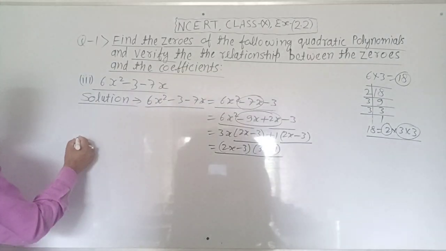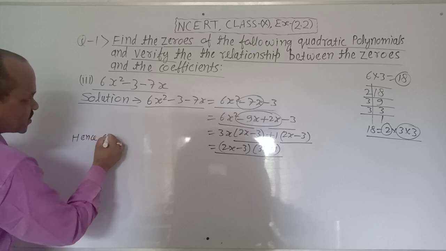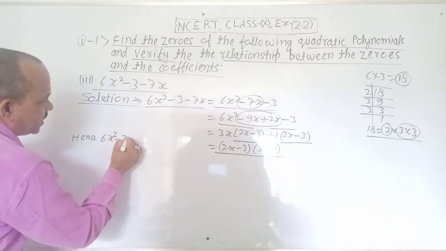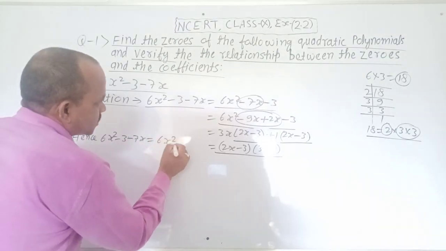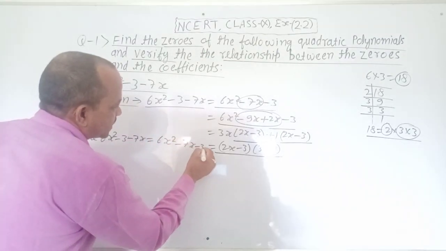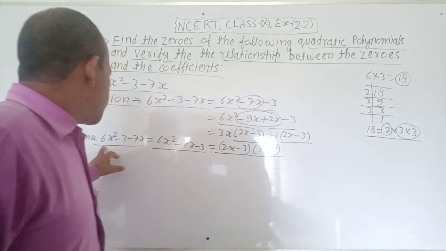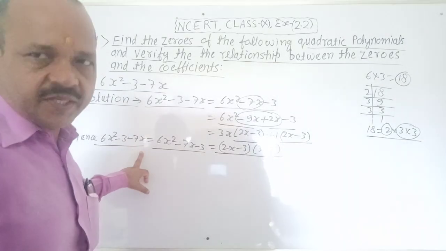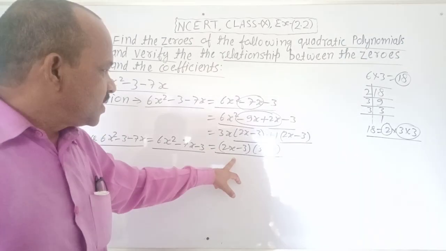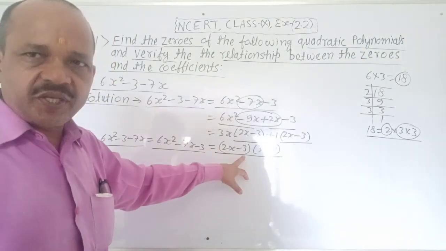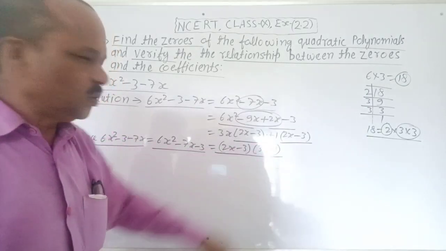Hence, 6x square minus 3 minus 7x equal to 6x square minus 7x minus 3 equal to (2x minus 3) in first brackets, (3x plus 1) in second brackets, equal to 0.